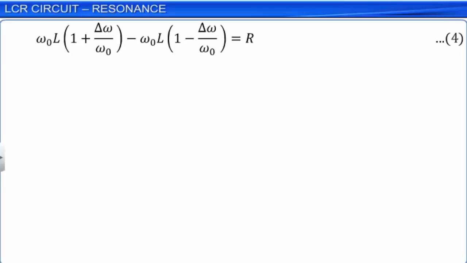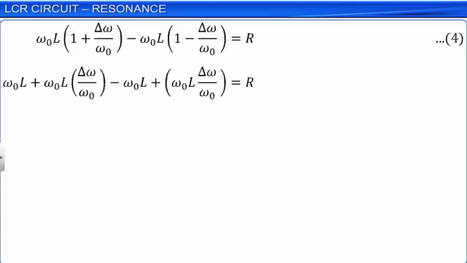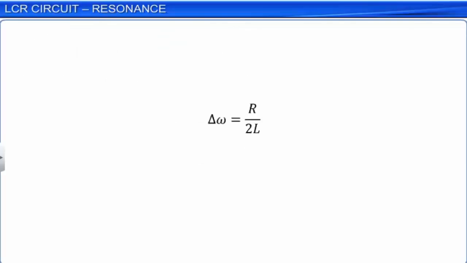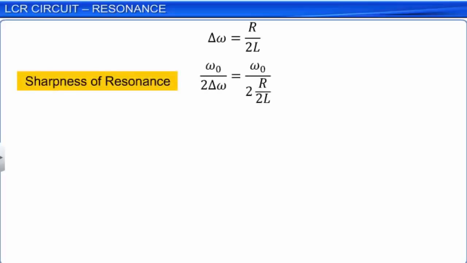On simplifying this equation, we get delta omega is equal to R by 2L. Using the value of delta omega obtained, the sharpness of the resonance, omega naught by 2 delta omega, can now be written as equal to omega naught L by R.